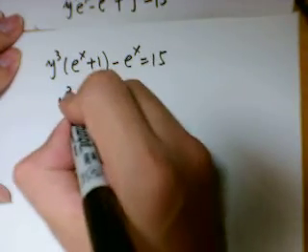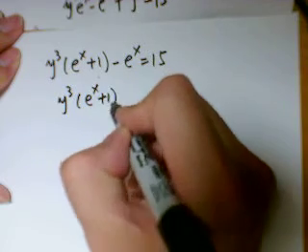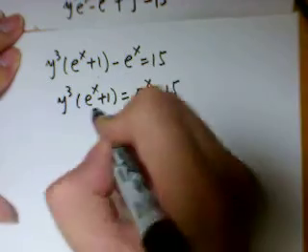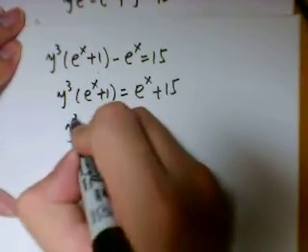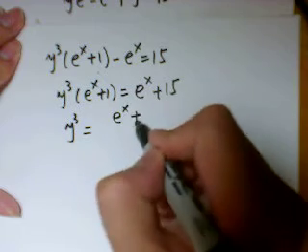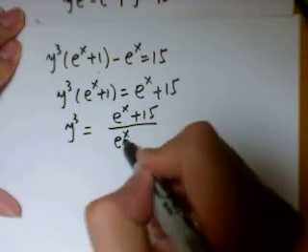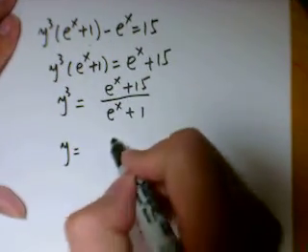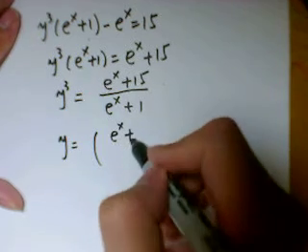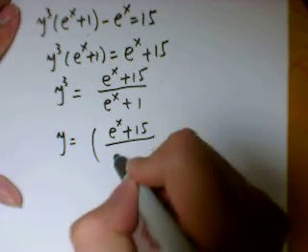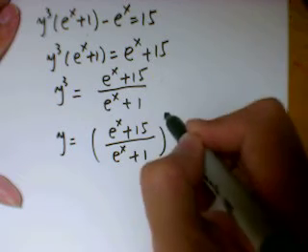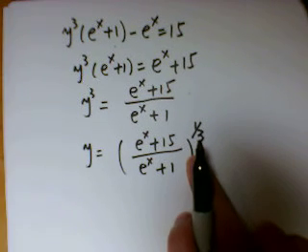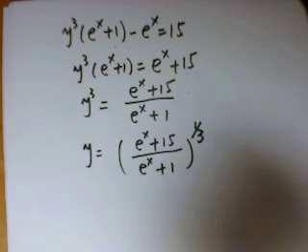And then we move this term to the right, and divide by this coefficient, and we know the cubic root is gonna be like that. Okay, so that's the solution for the IVP. That's it.